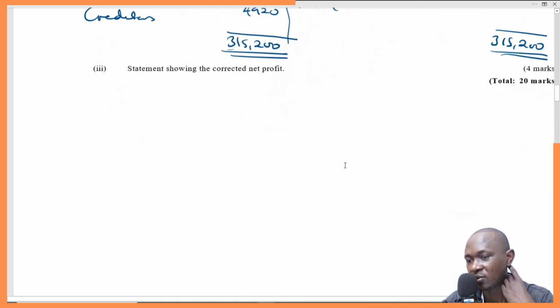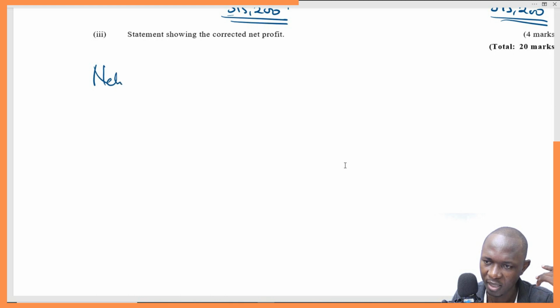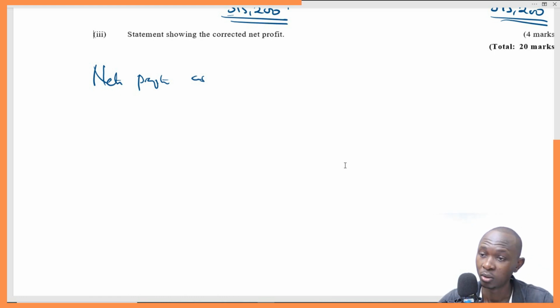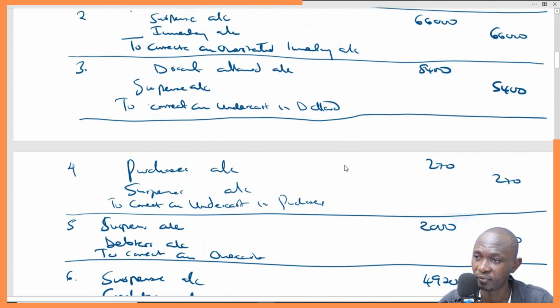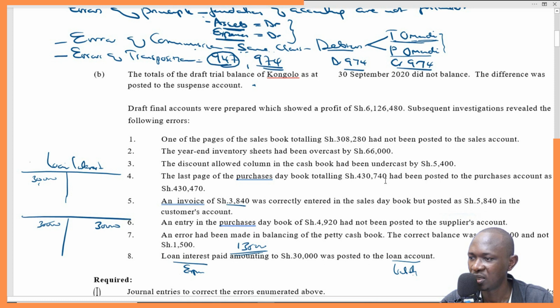Okay, let's look at now the last part. Statement showing the corrected net profit. So here we have net profit as at that particular date. These are books of who? Congolo Limited, 30th September 2020.